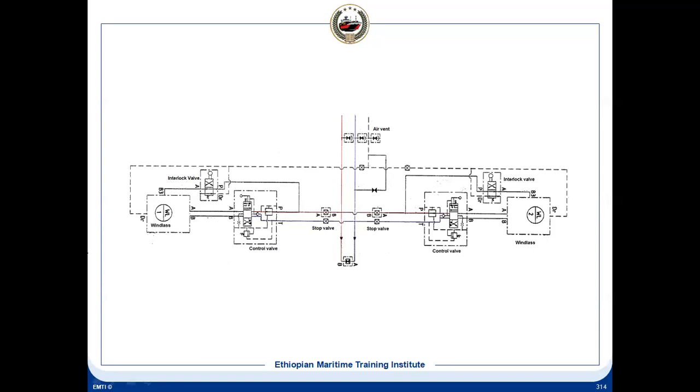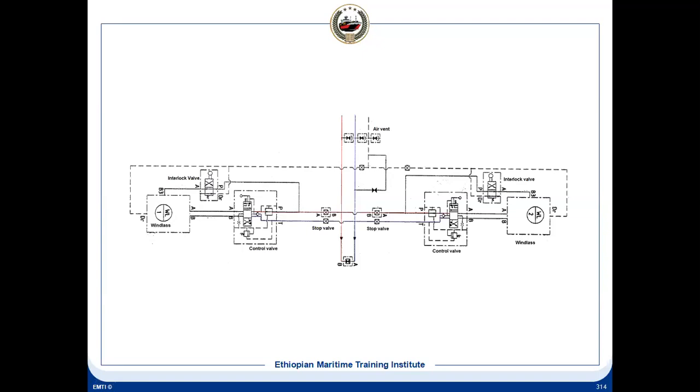And then there is an interlock valve. What is the interlock valve? When you are operating this, the clutch should be engaged. It ensures that the clutch is engaged, and then the brake will be released. So what you see here, this pressure line is going to this, and the clutch you are operating manually.